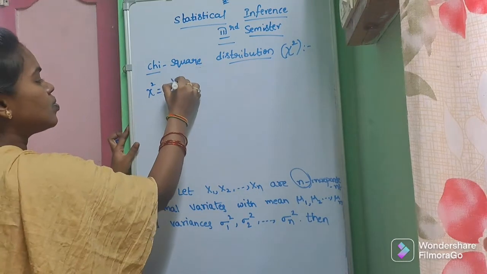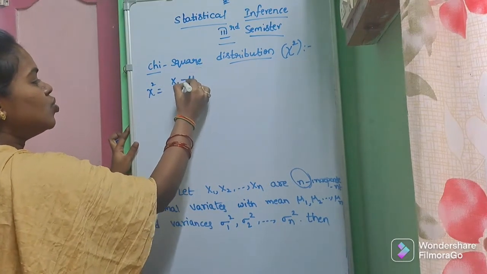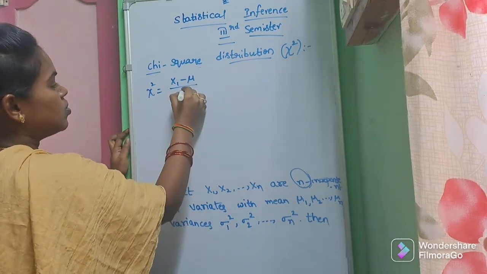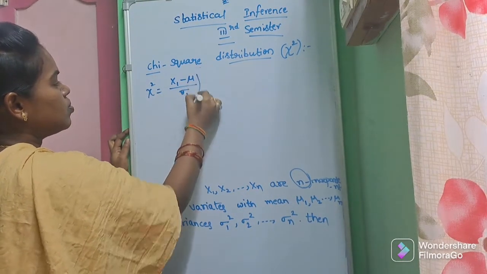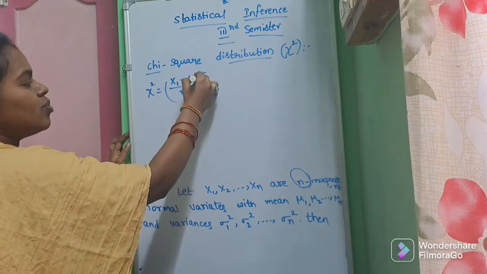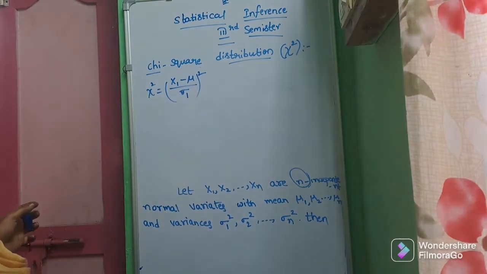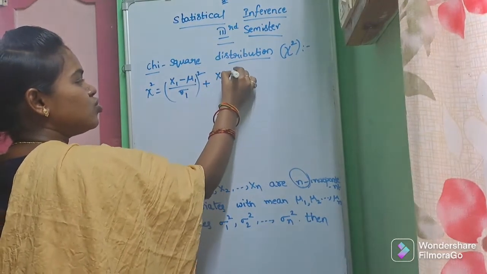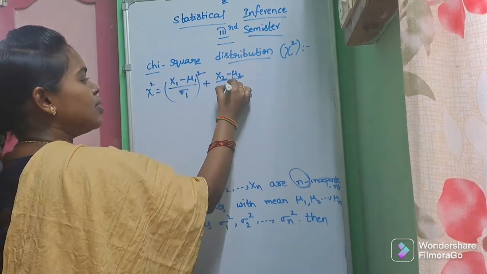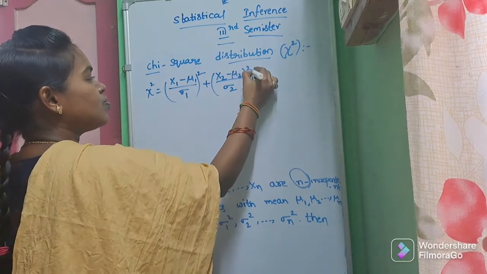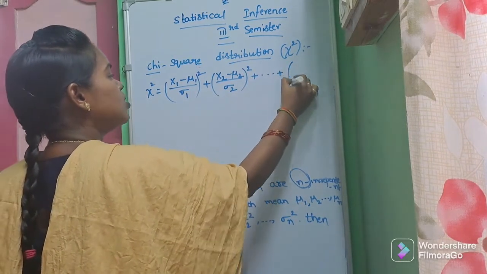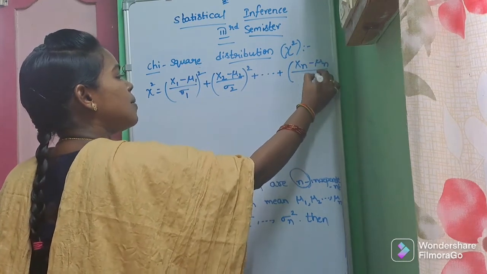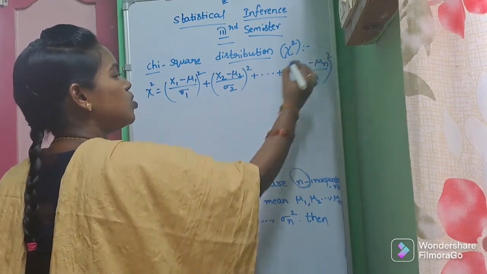So based on this n, chi-square equals (x1 minus mu1 by sigma 1) whole square plus (x2 minus mu 2 by sigma 2) whole square plus and so on plus (xn minus mu n by sigma n) whole square.